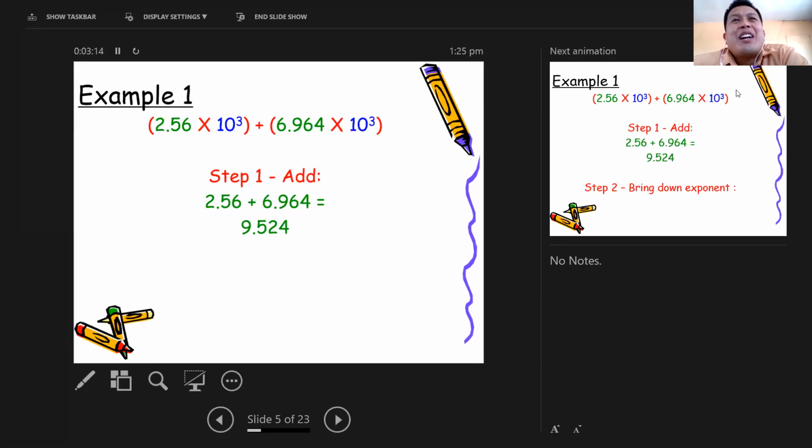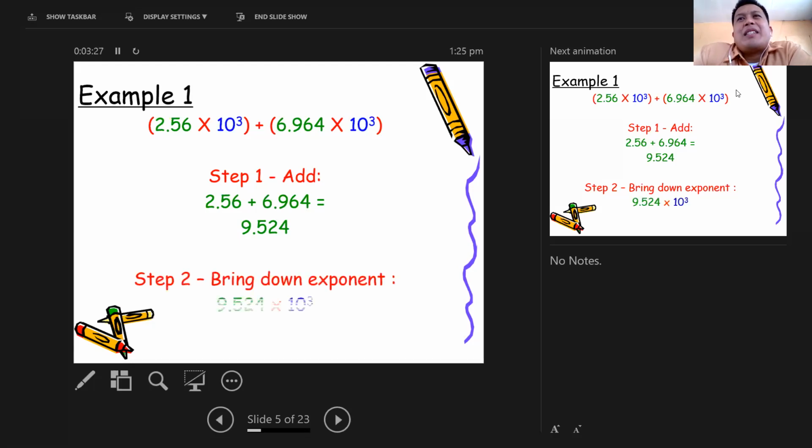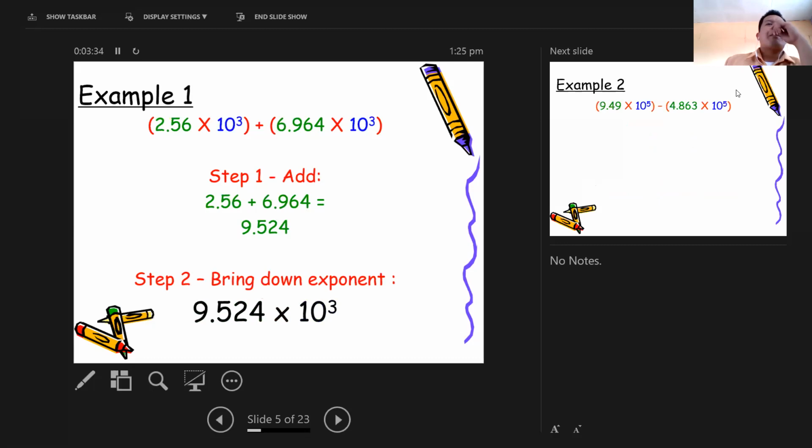So you are going to add the decimals, 2.56 and 6.964, and the result there would be 9.524. After that, bring down the exponent. Simply copy the exponent, which is 10 to the power of 3. So therefore, the answer is 9.524 times 10 to the power of 3.